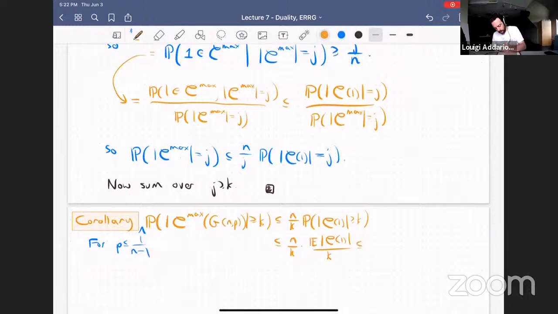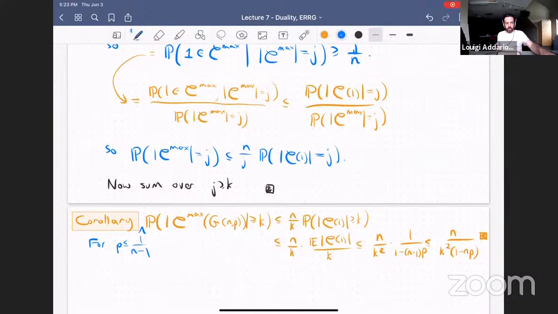And that gave me n over k squared times 1 over 1 minus (n minus 1)p. Maybe I'll clean that up and say that that's at most n over k squared times 1 minus np.